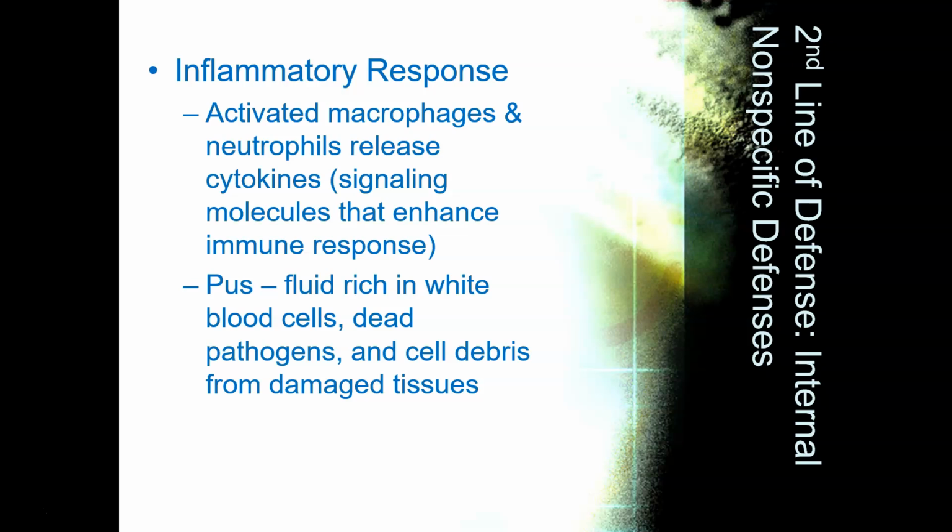But their job is just to communicate messages. And in this case, the message is specifically to say, hey, help, there's problems, we need more cells here, specific types of cells, in order to help clear out the damaged cells and wall off healthy tissue. And so those guys will activate more specific responses by eliciting more cells to come in.